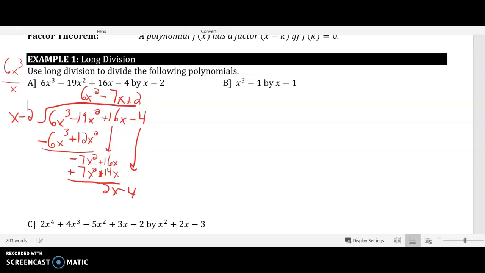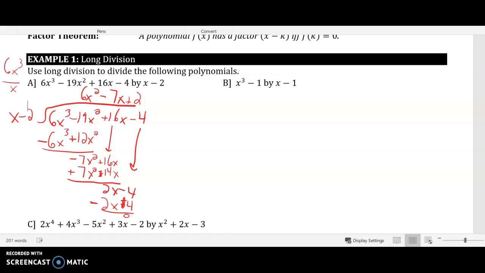Goes in there twice. 2 times all that is 2x minus 4. But then you are going to change the sign so it does become addition. So I have no remainder. So there's your answer.